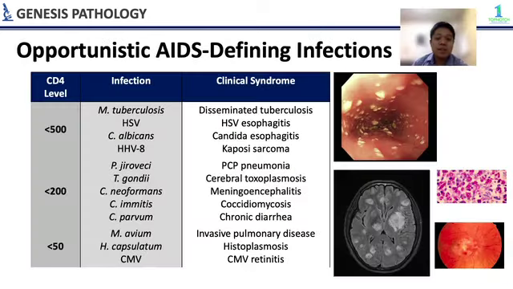So, the opportunistic infections associated with AIDS or yung mga AIDS-defining illnesses, so usually nagsistart siya dito sa less than 200. Pero pag less than 500 na, meron na rin mga nagpapakitang mga diseases such as TB, HIV and Candida esophagitis, and Kaposi sarcoma. Kapag doon na sa mga less than 200, doon na lumalabas sina PCP pneumonia, cerebral toxoplasmosis, meningoencephalitis, coccidiomycosis, and cryptosporidium diarrhea.